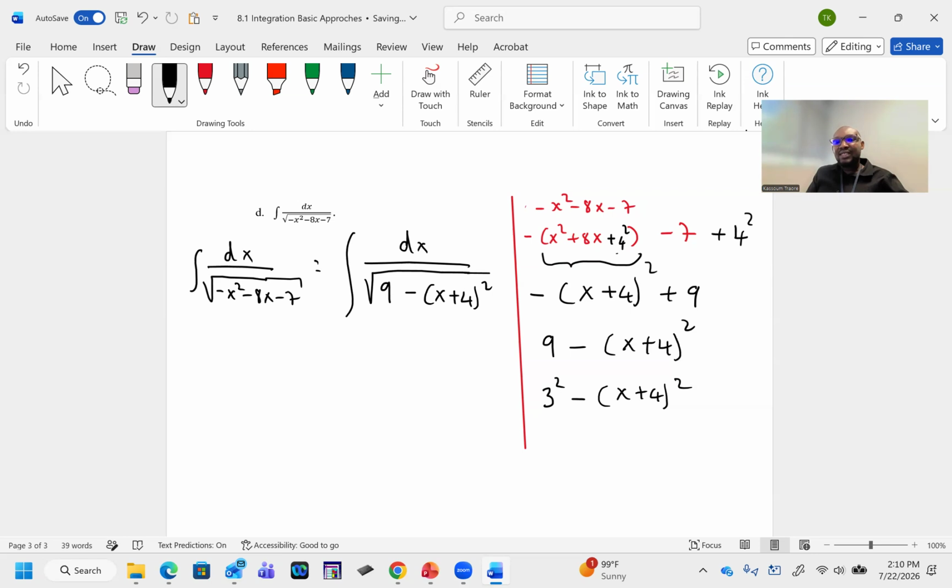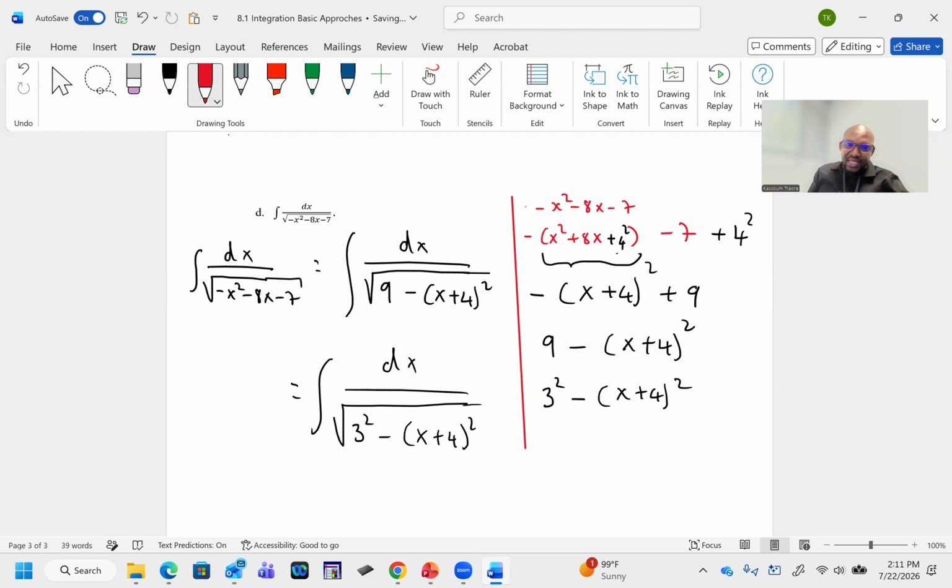In this case now, what is my a? My a is 3 because again, as I said, we can set this as the same thing as the integral of dx over square root of 3 squared minus x plus 4 squared, right?